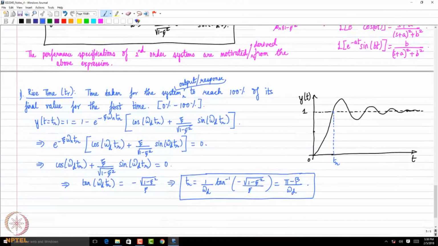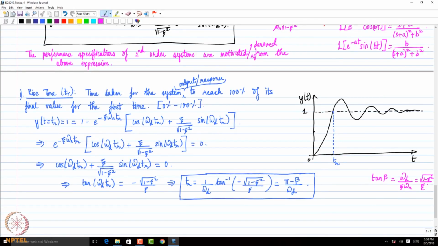So tan beta was omega d divided by zeta omega n, which is nothing but square root of 1 minus zeta squared divided by zeta. Correct? But then I have a minus. So that's why we got pi minus beta.